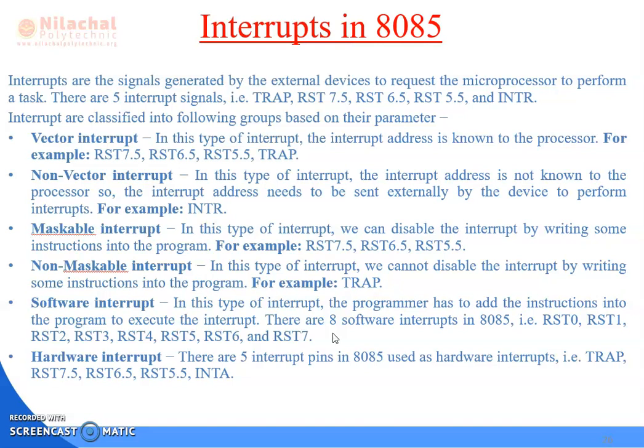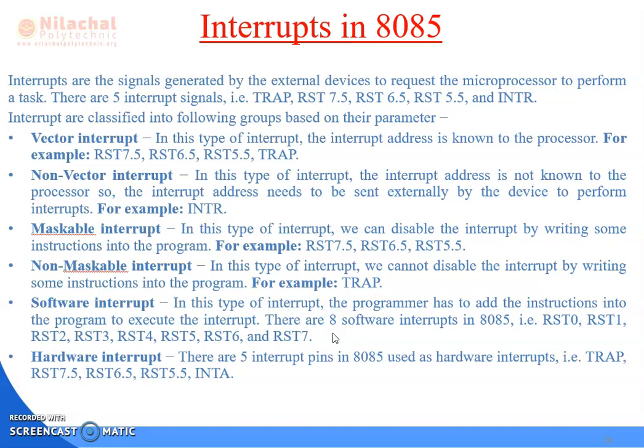So what is vector interrupt? In this type of interrupt, the interrupt address is not known to the processor. So the interrupt address needs to be sent externally by the device to perform interrupts. For example, INTR. INTR is the non-vector interrupt. Next is maskable interrupt.